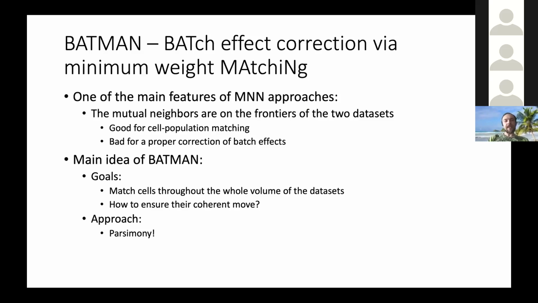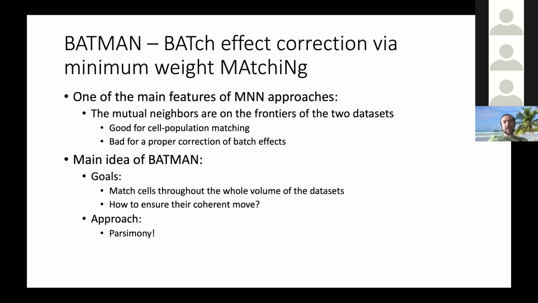So the idea that I came up with in order to overcome these issues is the following. We want to not match only mutual nearest neighbors, but use them to guide the integration process. We want to use cells throughout the whole volume of the two data sets, and we also want to ensure that the move of the points is a coherent one.